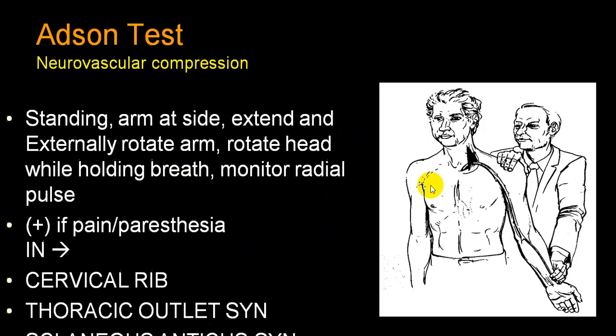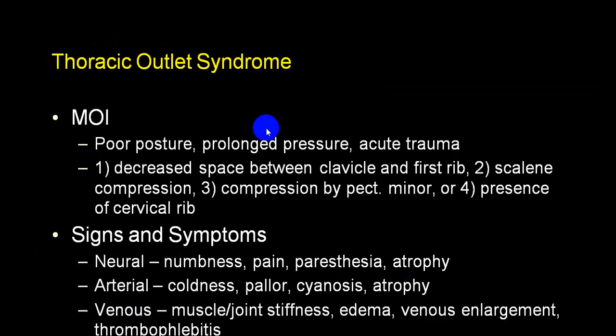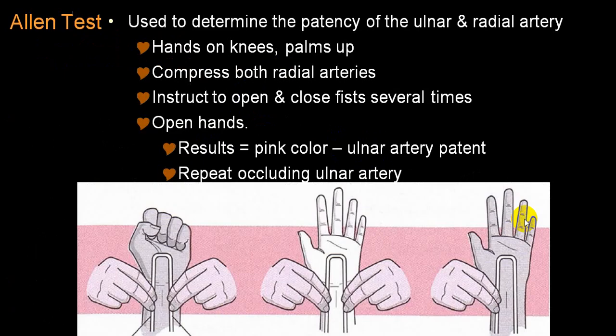This can be due to cervical rib, thoracic outlet syndrome, and one of the components of thoracic outlet syndrome is Scalenus Anticus syndrome. So in this group of conditions, you will have Edson test positive. So do look for neuronal symptoms and arterial symptoms while getting Edson test done.